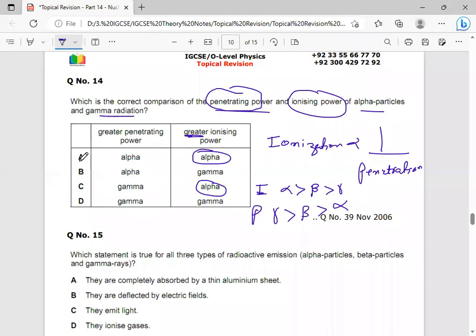So it means option A and option C can be possible. And for penetrating power, since alpha has the largest ionizing power, it has the least penetrating power, and gamma has the least ionization, so it has the largest penetrating power. So greater penetrating power, gamma. So option C is the correct answer.